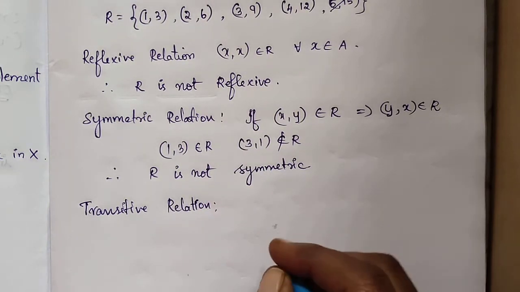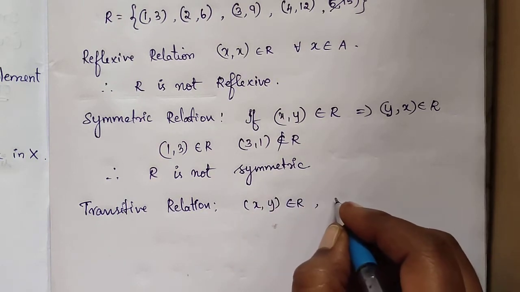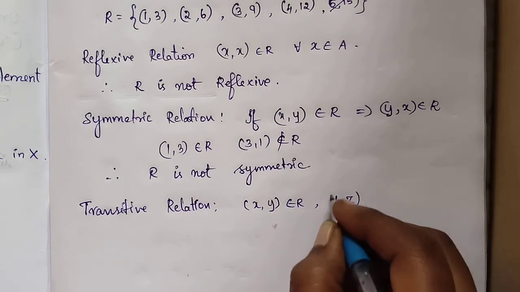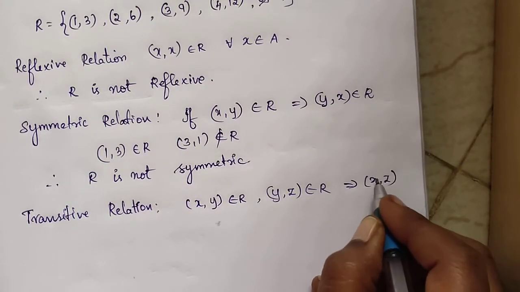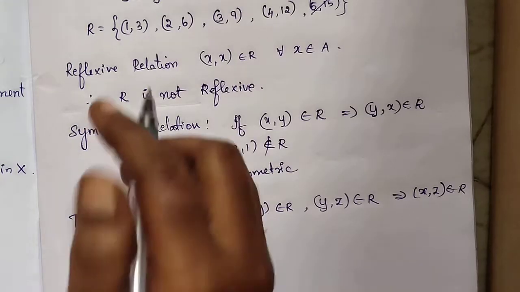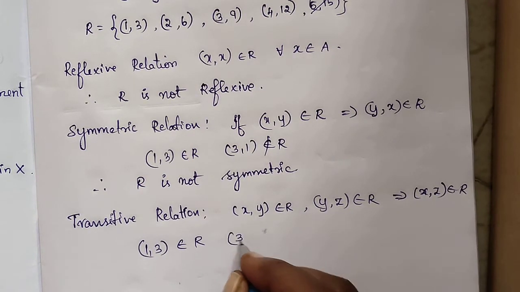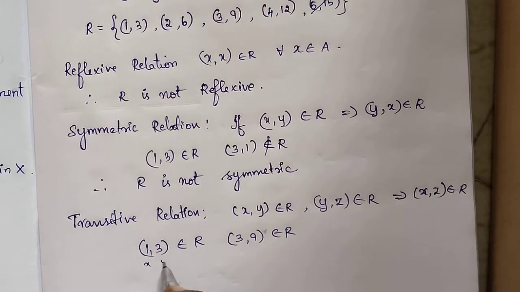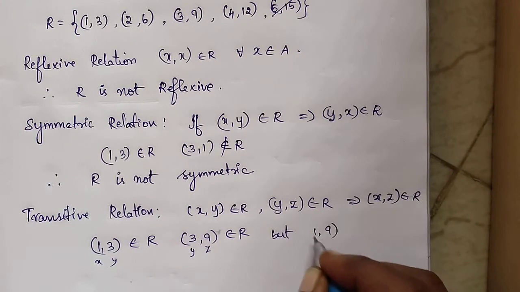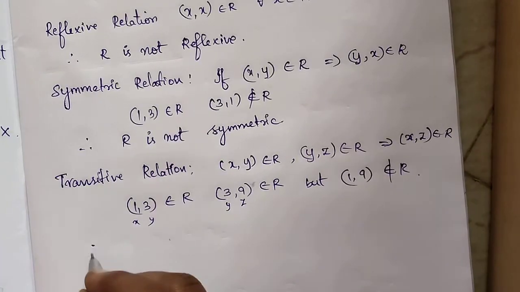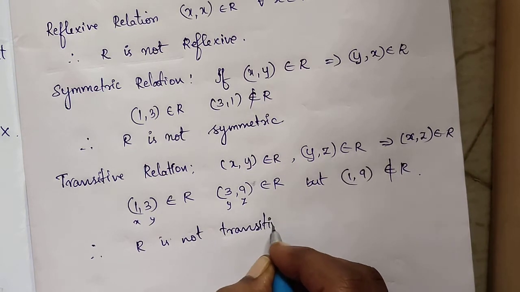What is the condition for transitive relation? (x, y) belongs to R and (y, z) belongs to R. This implies (x, z) should belong to R. Now see here, (1, 3) belongs to R. The next one, (3, 9) belongs to R. (x, y) is there, (y, z) is there, but (1, 9) does not belong to R. Therefore, R is not transitive.